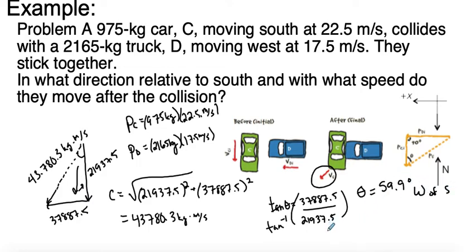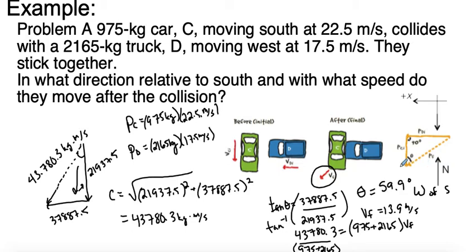And then we need to find the speed of the system. So remember, we're going to use our final momentum here. And we set that equal to the mass of the system now, which is both vehicles together, times its final velocity. So we'll divide this quantity out from that value, and we get a final velocity of 13.9 meters per second.